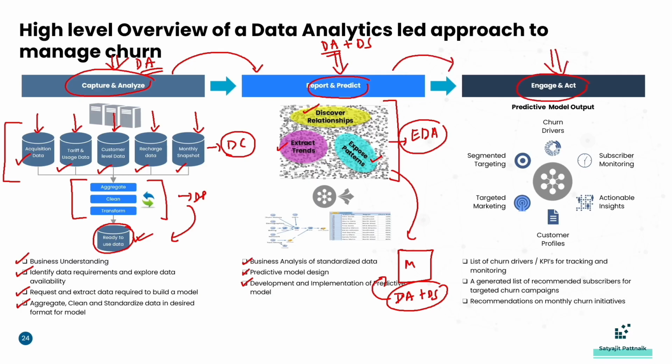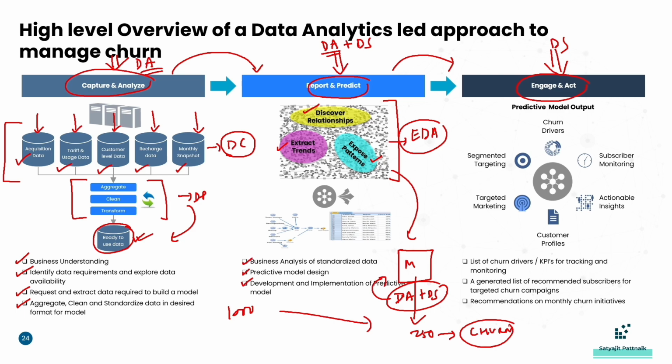So again, this is where I would say data analysts do not play a major role here. It's the data science team who takes care of this part, which is nothing but engaging and acting. That means once your model is ready, imagine out of 1,000 customers, your model is predicting that 250 customers are most likely to churn. That's fine. But what's next? How do we retain them?